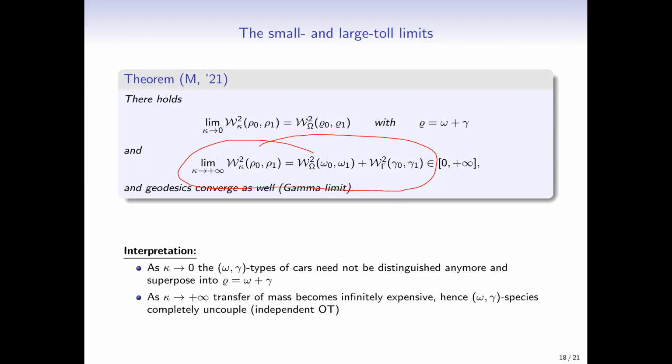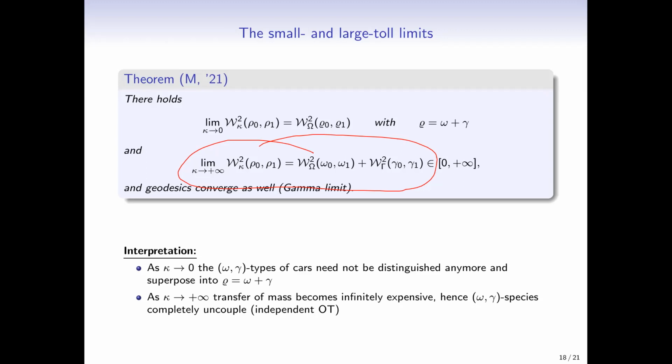This is, again, extremely natural, because when you send kappa to plus infinity, it becomes infinitely expensive to jump from the city to the road, or vice versa. Therefore, in the limit, no transfer of mass can occur from one to another. So you uncouple completely the city and the road. Whatever was on the road to start with remains on the road forever. The only thing you can do is drive on the road in an optimal way, but you cannot bring in new cars or send cars out from the road back to the city.